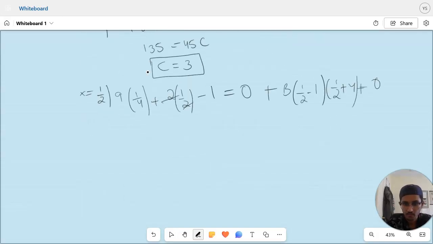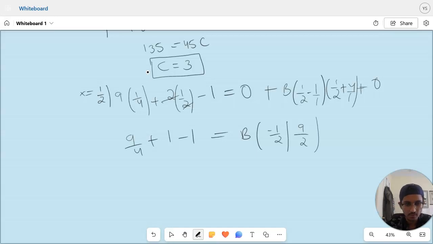So 9/4 equals B times, half minus 1, which gives us negative 1 over 2, times half plus 4, which gives us 9 over 2.